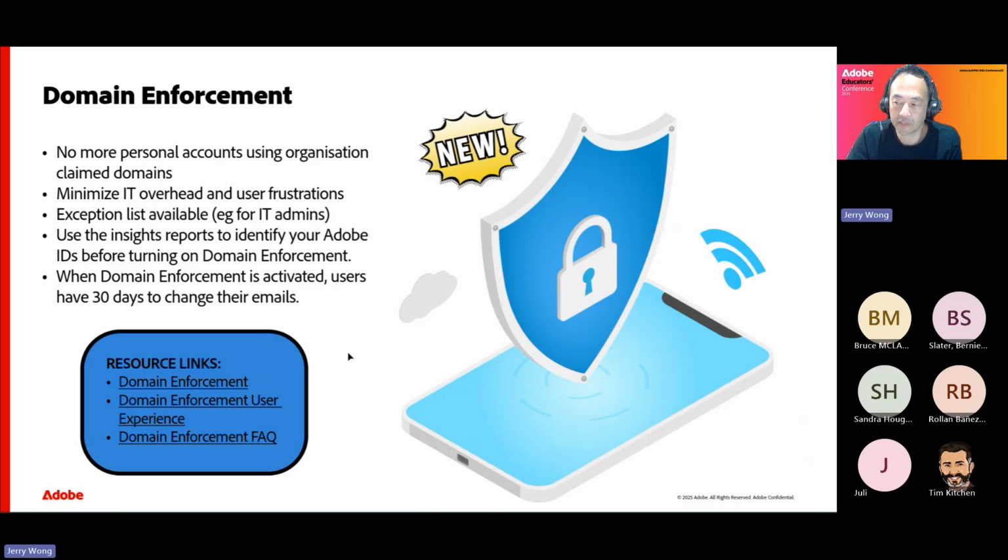The second stage will then check your whole system, and whoever still has an Adobe ID using your domain, they will get a notification forcing them to change that personal account to another email address, of course using a personal email, because if it's a personal account, you want to make sure that it's something different to the organizational email.